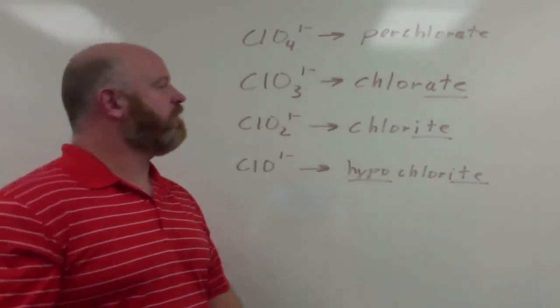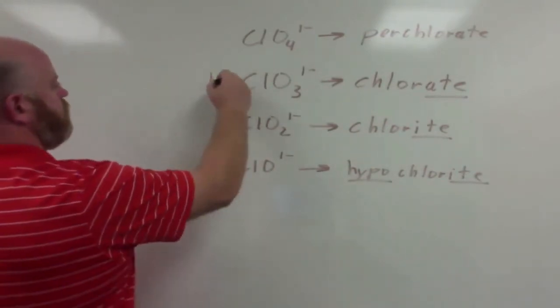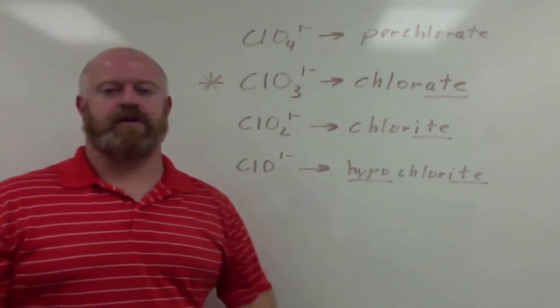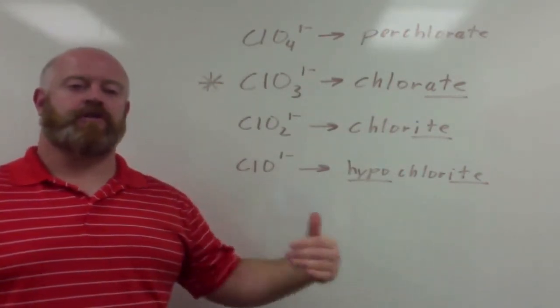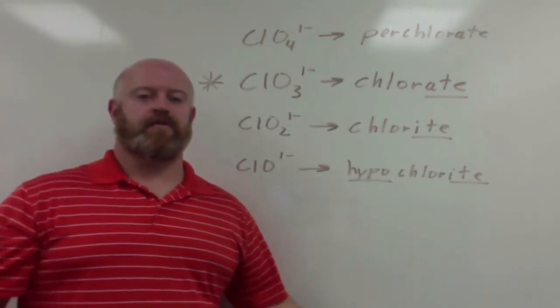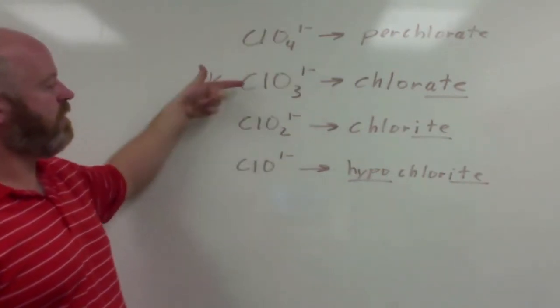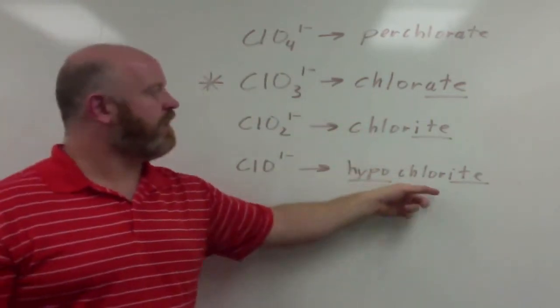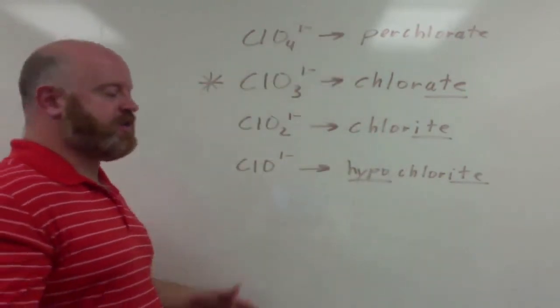So what it comes down to is if you know this one, in reality, you'll also know 3 others just by knowing the system. So you do need to memorize those 8, but then from that, you have to be able to know the system that going down 1 oxygen gives you the ite, going down 2 oxygen gives you the hypoite, and that system. And we can change this for any of these.